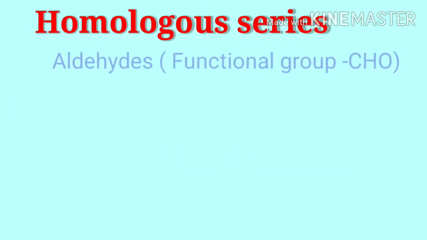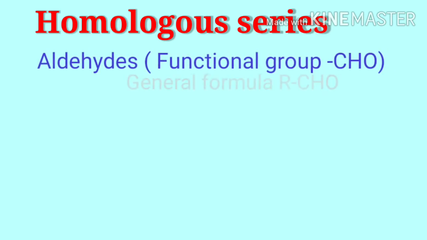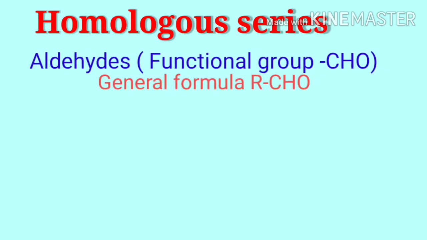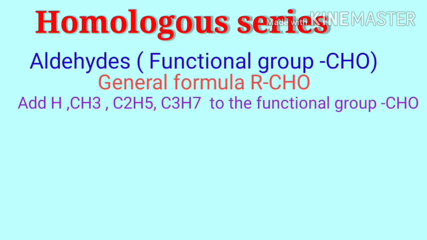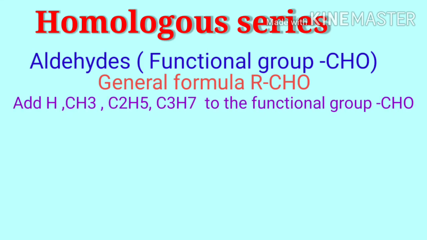Our next series is that of aldehydes with functional group CHO. And the general formula is RCHO, where R can be alkyl group or it can be hydrogen atom. Adding hydrogen atom or alkyl groups like CH3, C2H5, C3H7 to the functional group CHO gives us different members of aldehyde series.